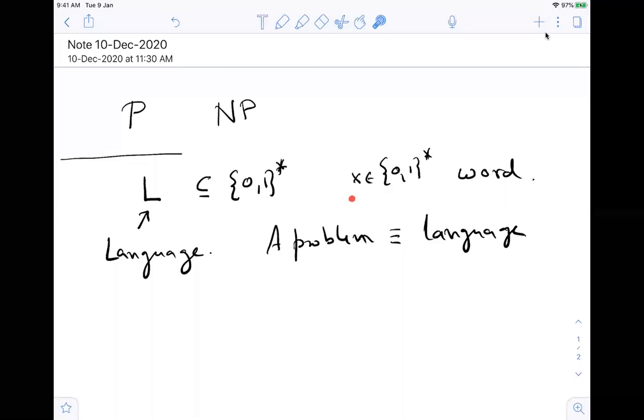So any of them is called a word. And if you think of the English language or whatever language you're comfortable with, it is a collection of words, right? So in that respect, a problem is basically a language, which is a collection of words. Okay, good. So this is the formal definition.